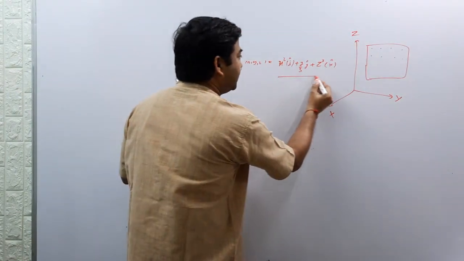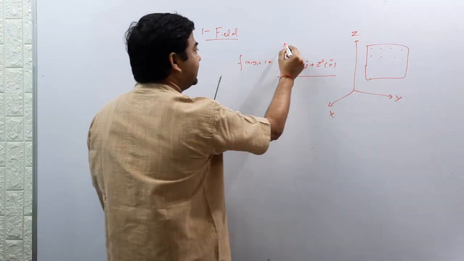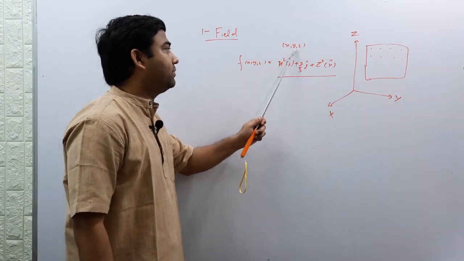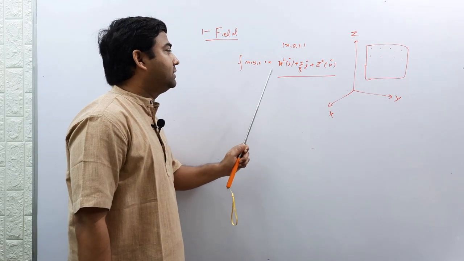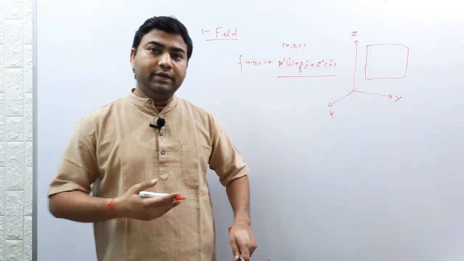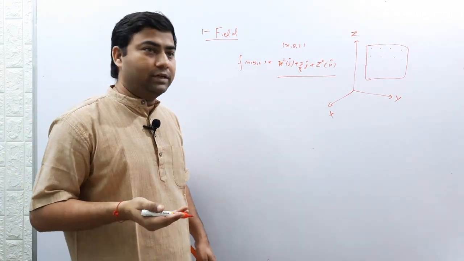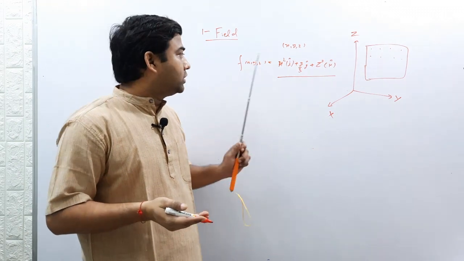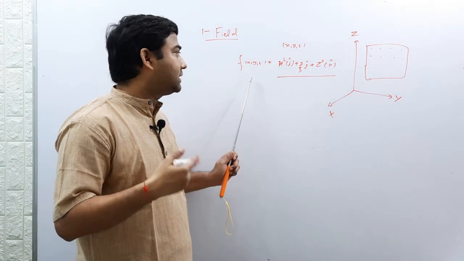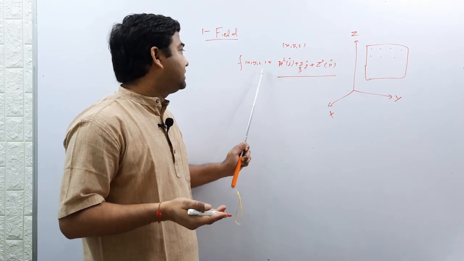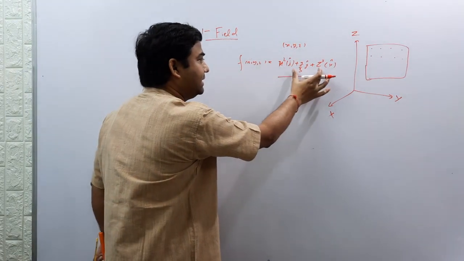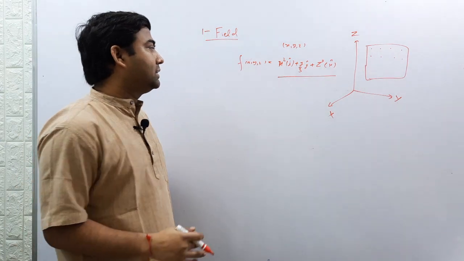So you can see this is a vector field at point x, y, z. It can be a magnetic field, an electric field, or a gravitational field. So these are all vector fields, vector physical quantities. The representation of these quantities in vector form is given by this function f(x, y, z). This is a vector function and it is represented in terms of i, j, k.